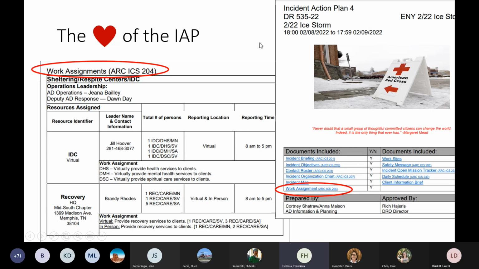All right, so let's talk about the heart of the IAP. The work assignments documents are known as the 204. The work assignments documents are really the heart of the IAP because it is the work you do on the ground. It is the service delivery activity. It is the client-facing activity. It is the resources we have on the ground.